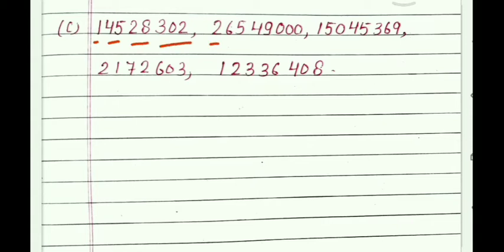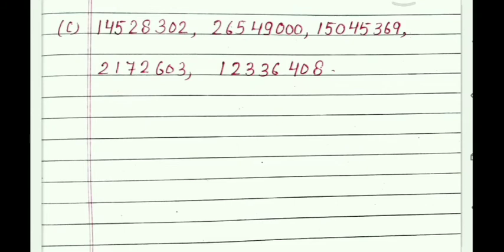Next 2,65,49,000. Next 1,50,45,369. And this one is given 21,72,603. You can see here it is coming up to the 10 lakh place, and other numbers are coming up to the crore place. Last number also 1,23,36,408. Simply you can see it is the smallest number in all numbers. So last one, this one will be only.